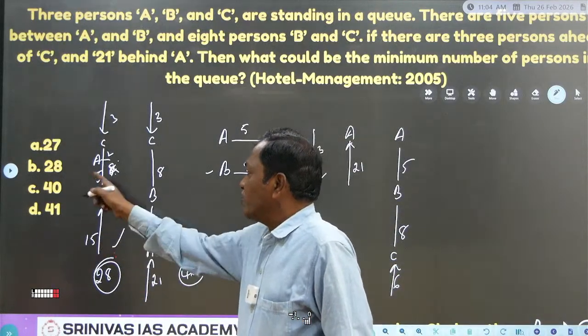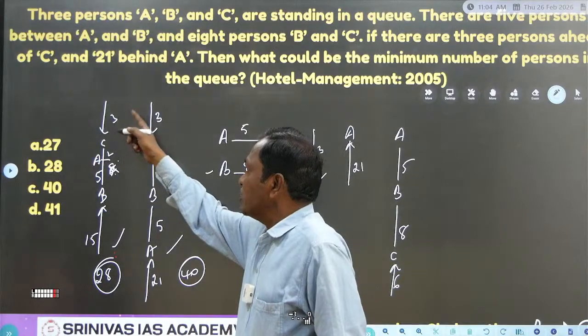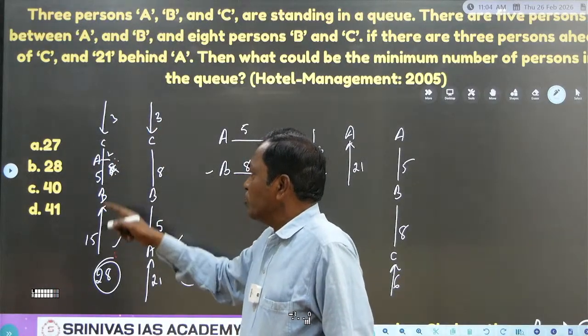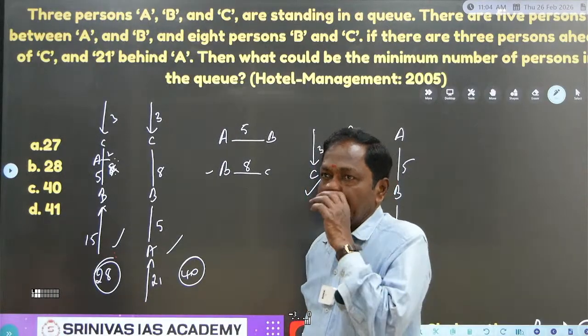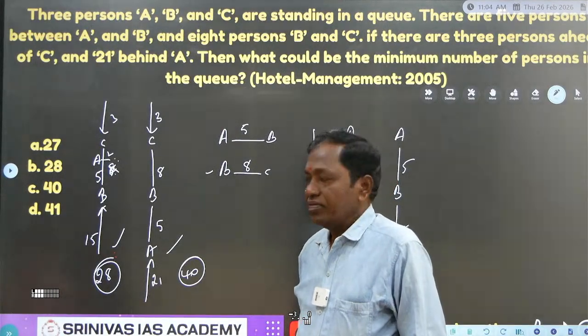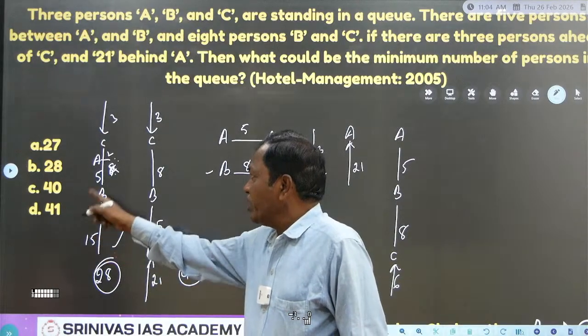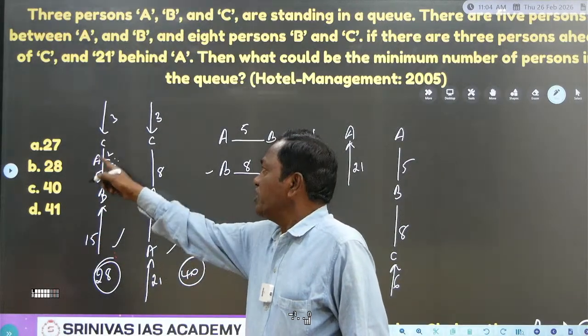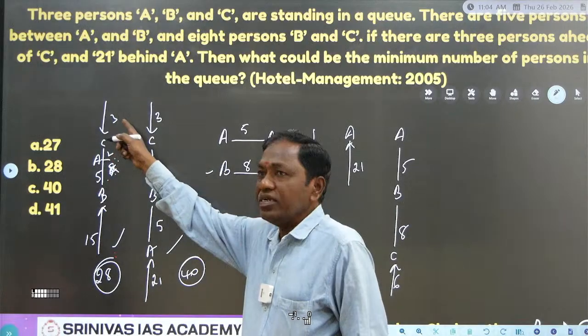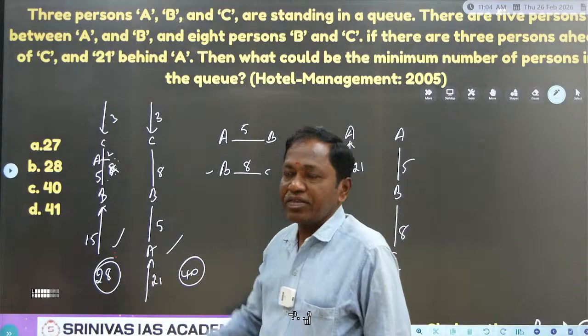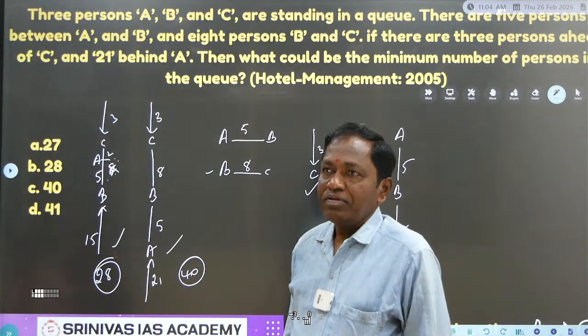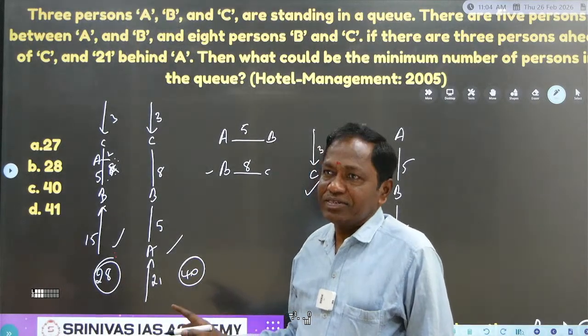See, 15 plus 5, 20; 20 plus 3, 23; plus 2, 27. A, B, C, 3 people are there, no? 8 we should not count. Everybody must be counted.